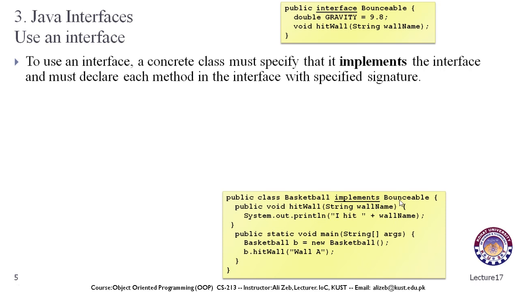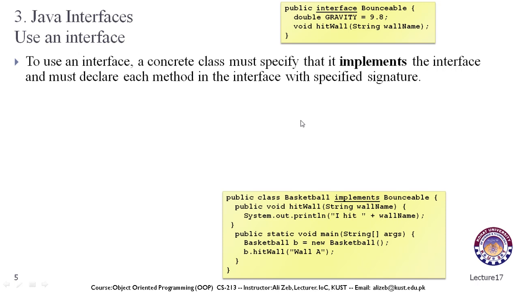Now what that means is the Basketball class will need to implement the abstract method or any method that is there in the Bounceable interface. As we can see over here, the implementation of the methods of the Bounceable interface must be provided by the Basketball class.